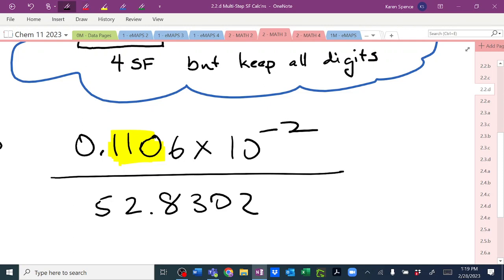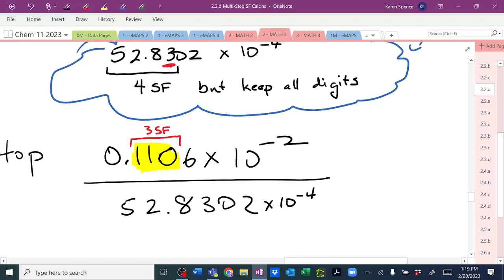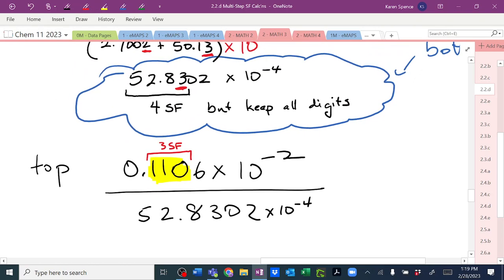I forgot that. Sorry. Thank you. Times 10 to the negative 4. There we go. Thank you. 3 sig figs, which we figured out back in step 1. The 52.8302 actually has 4 sig figs, so I'm going to just keep track of that here. I have 4 sig figs.